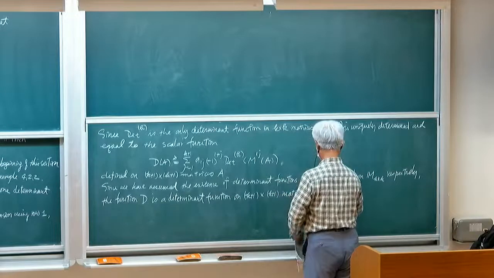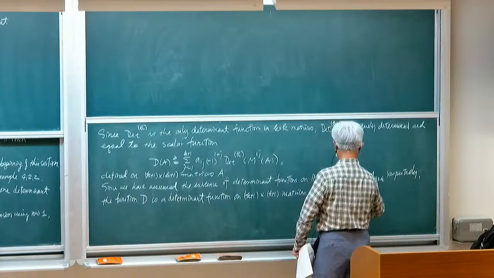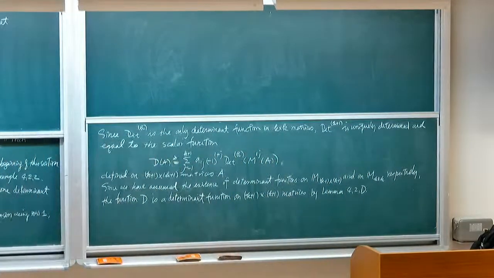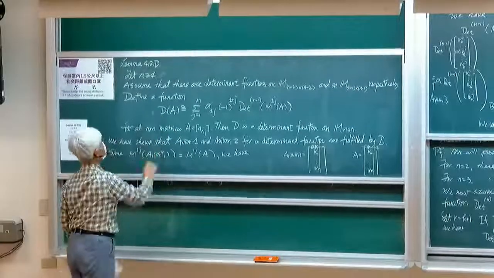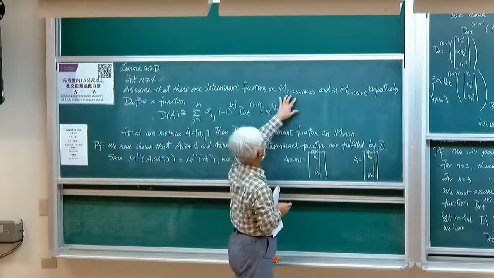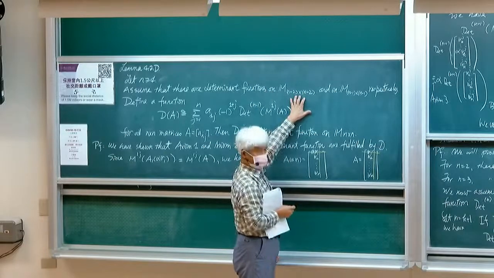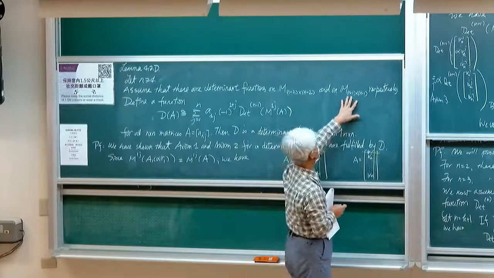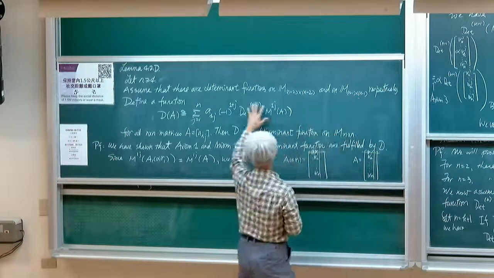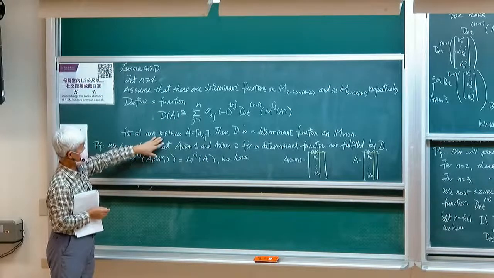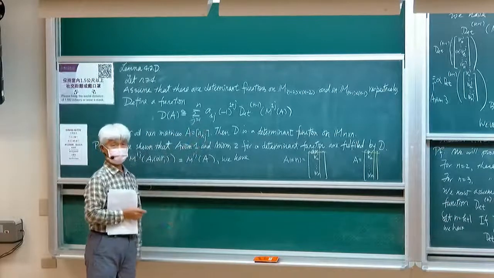by Lemma 4.2.d. Because for Lemma 4.2.d to be true, we have to assume that we have a determinant function for m minus 2 times m minus 2 matrices, and a determinant function for m minus 1 times m minus 1 matrices, so that this function defined for all m times m matrices is indeed a determinant function.